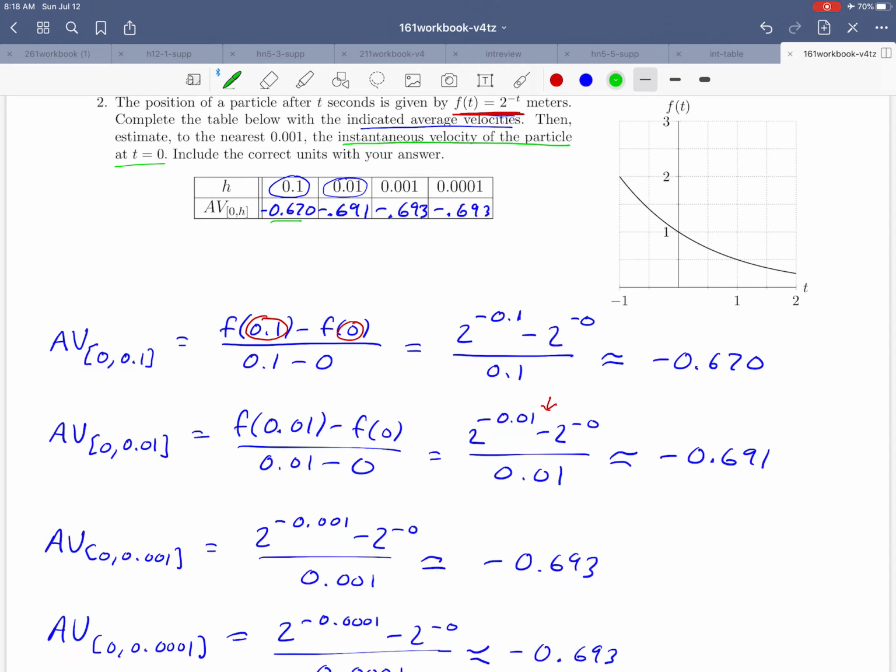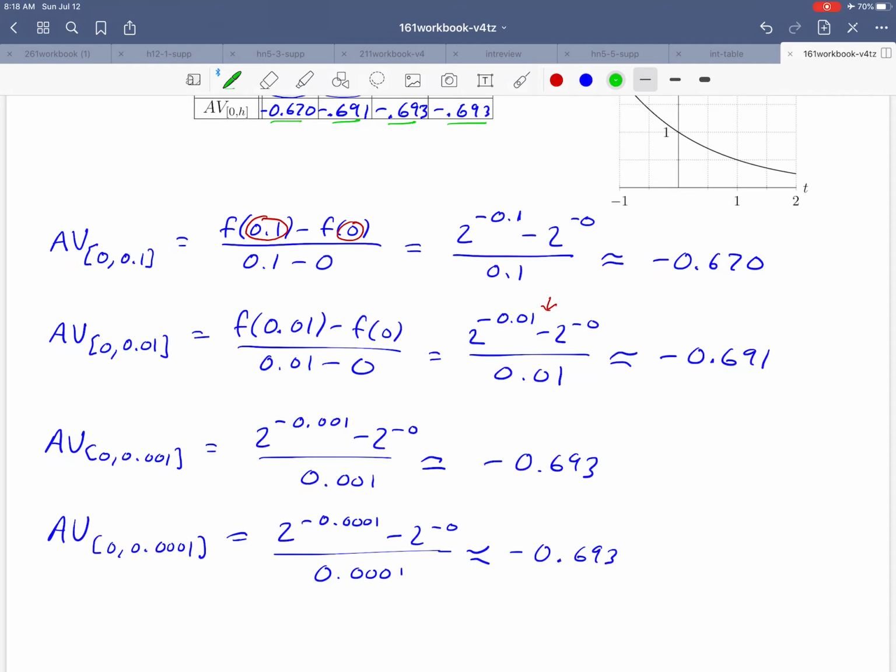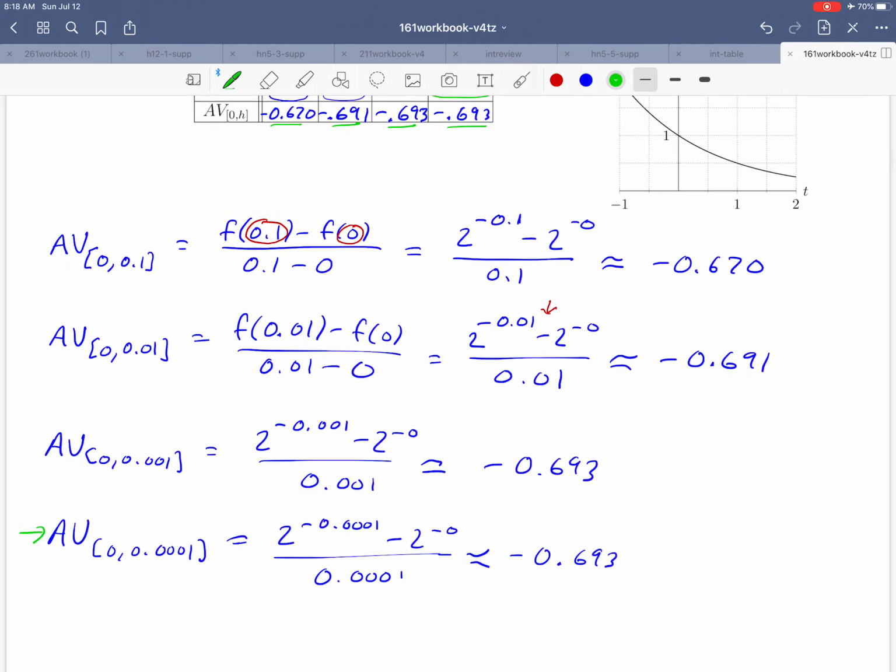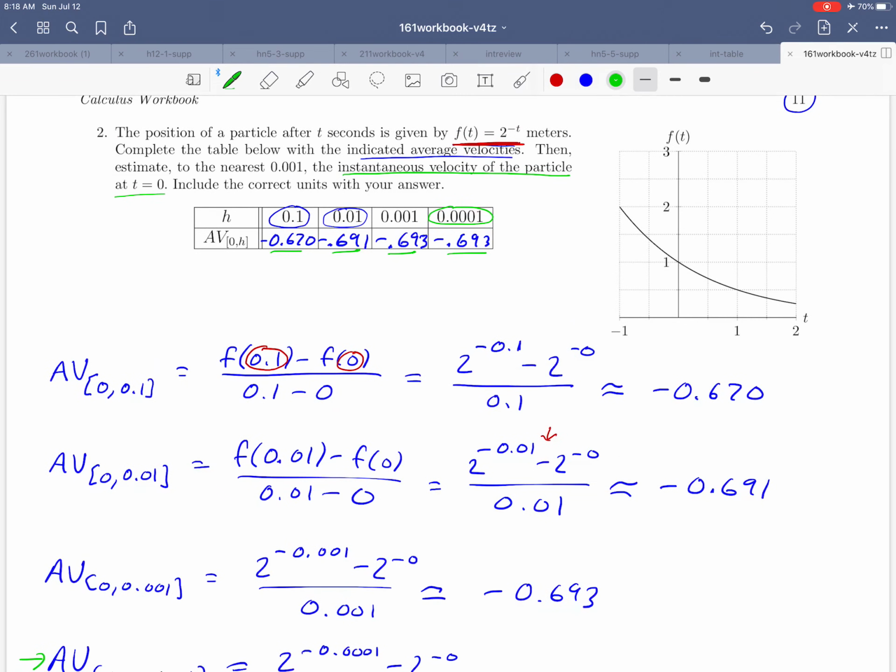Looking at these average velocities, we're taking average velocities over smaller and smaller time intervals. This value of h is very small. And so this last number that we calculated down here should be a pretty good estimate of our instantaneous velocity right at 0. So in a nutshell, they're asking you, what does it look like these numbers are approaching in our table?